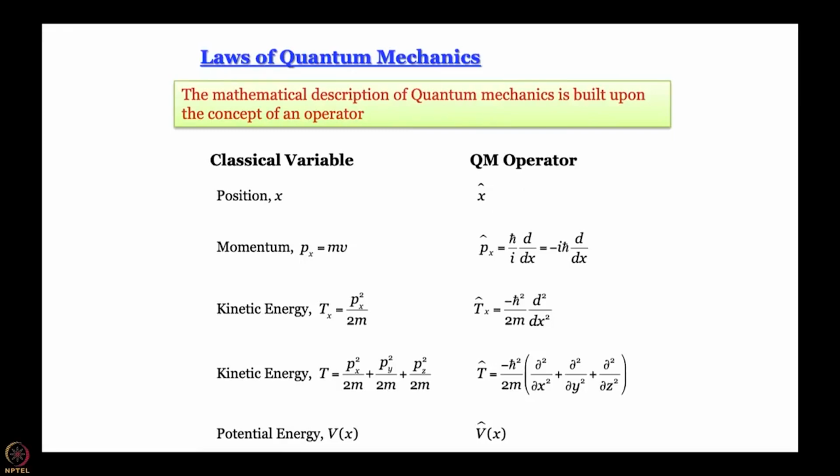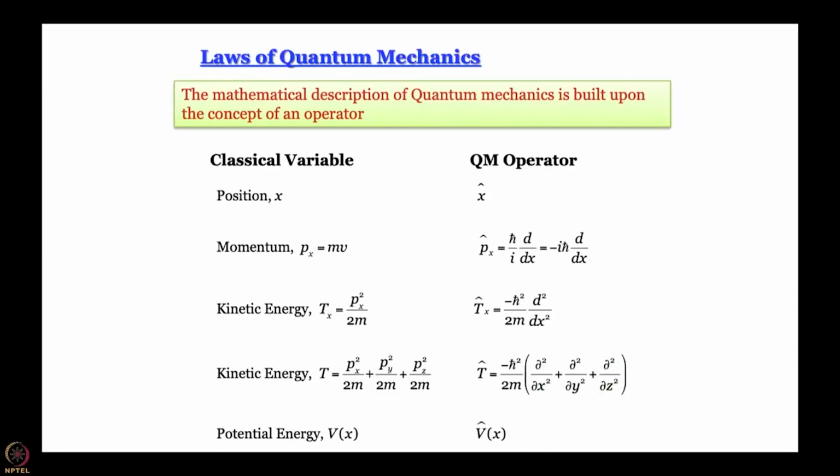For momentum, it turns out to be minus i h cross d/dx. Kinetic energy, if you look at the Hamiltonian operator, we know already what the kinetic energy operator is. It is minus h cross squared by 2m d2/dx2 in one dimension. In 3 dimensions, it is minus h cross squared by 2m times del2/delx2 plus del2/dely2 plus del2/delz2.